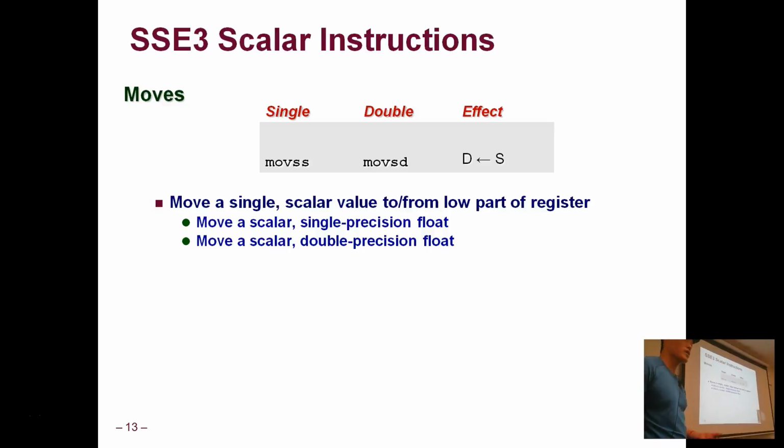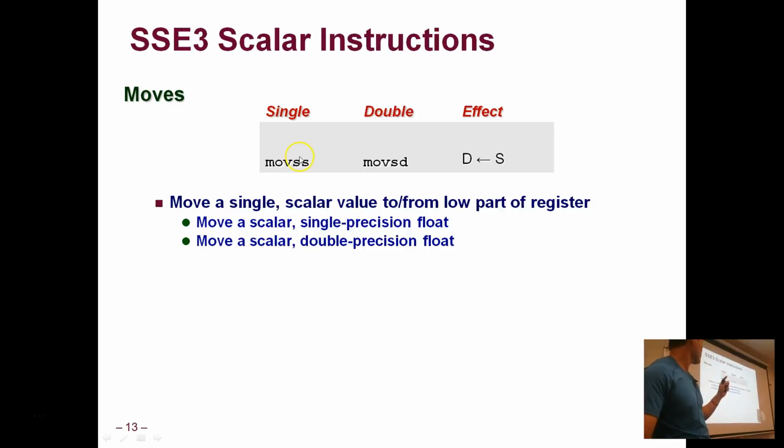Okay, so now we're going to get to what it looks like in assembly. We'll start with the moves, and these are SSE3 instructions. The notation here: the move command you're familiar with, the first S says I am going to move a single scalar. So the first letter is whether it's vector or scalar.